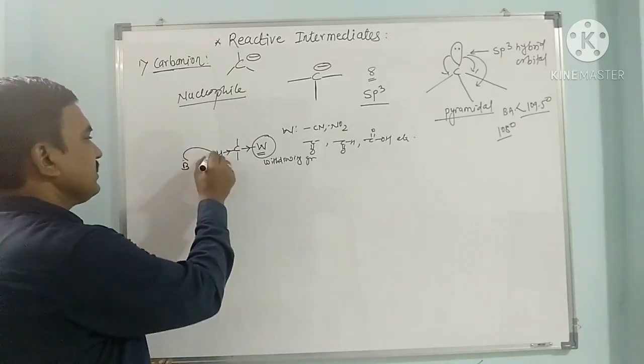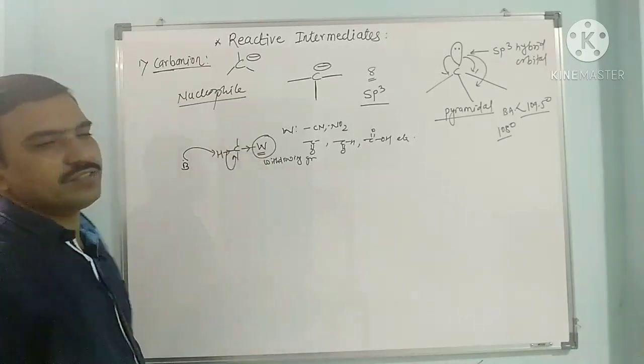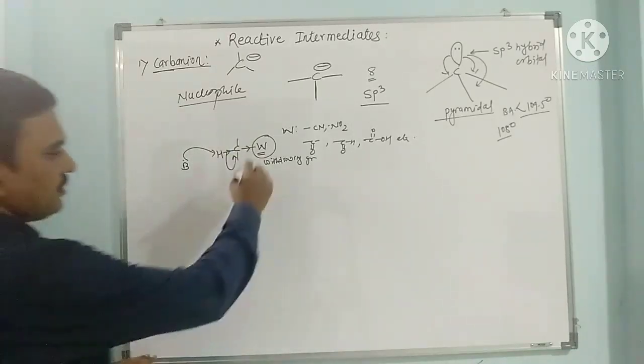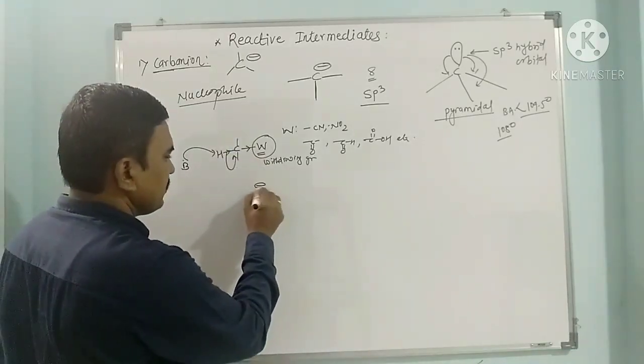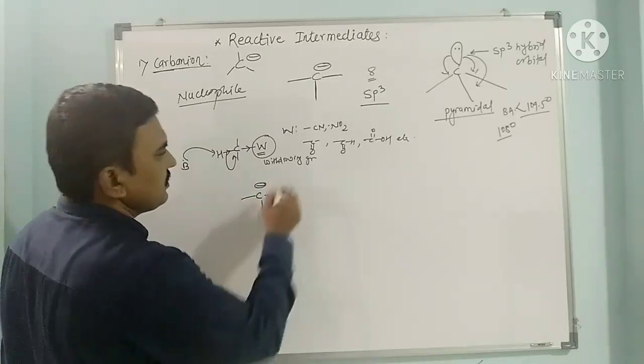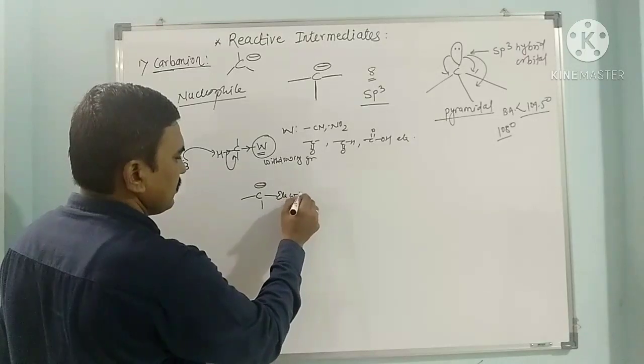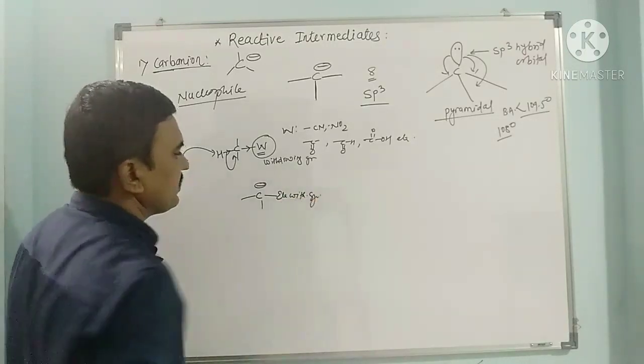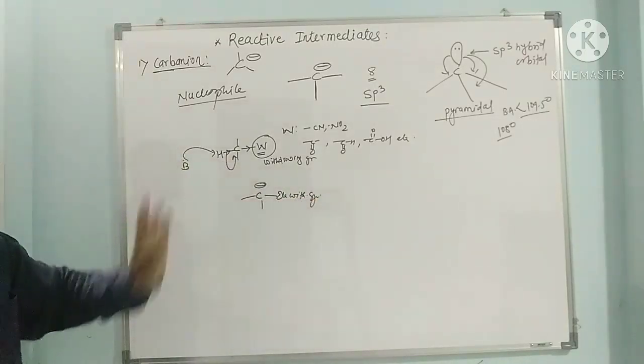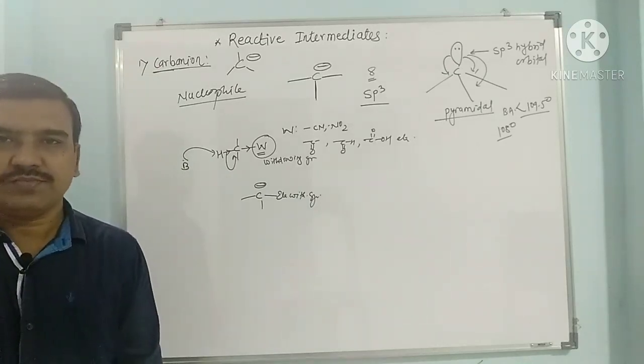When a base takes this proton, the electron density goes to this carbon. In this way we get a negatively charged carbon having such electron withdrawing groups attached.